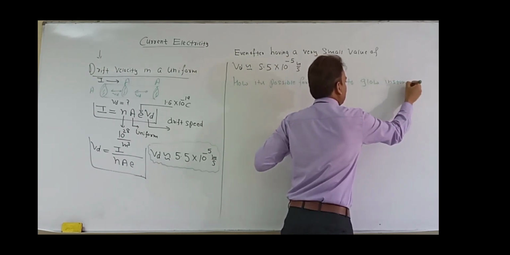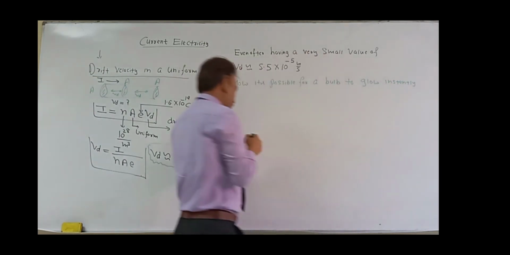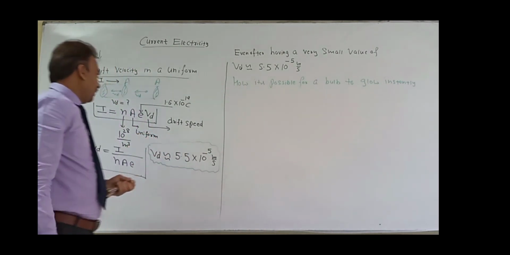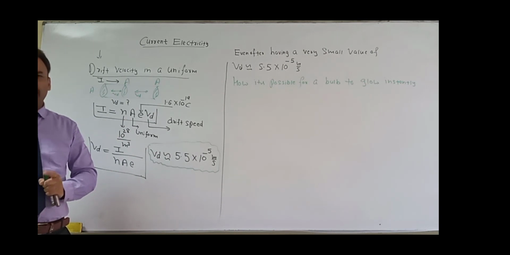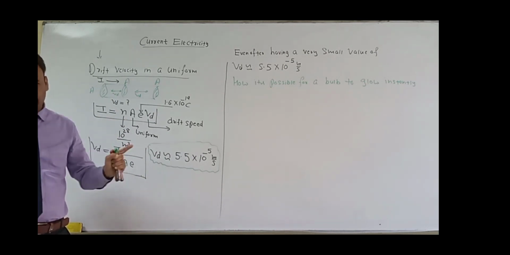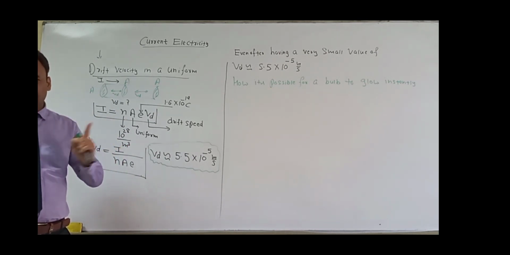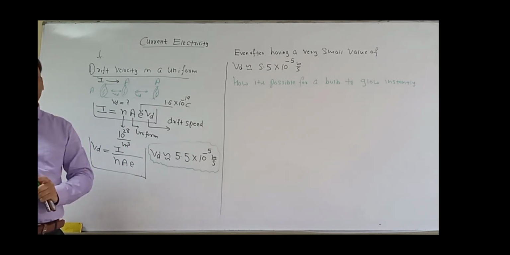So what is the answer to this question? If we consider the drift speed, then in terms of drift speed we cannot explain how the bulb is glowing instantly, right? There is another reason, and the reason is the electric field.